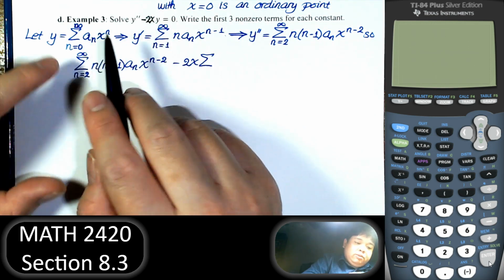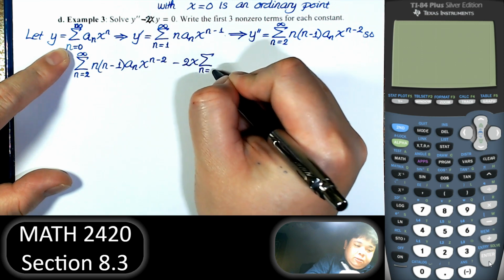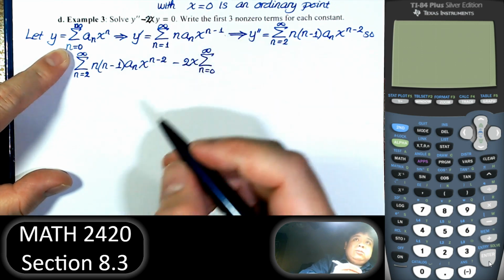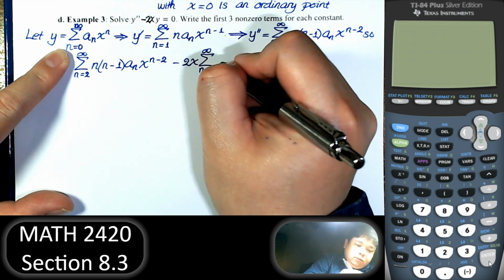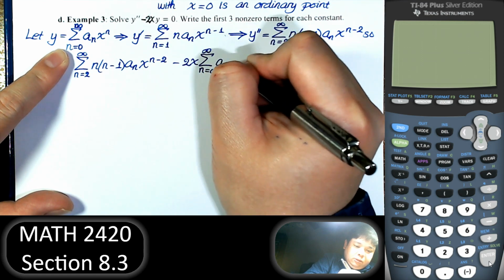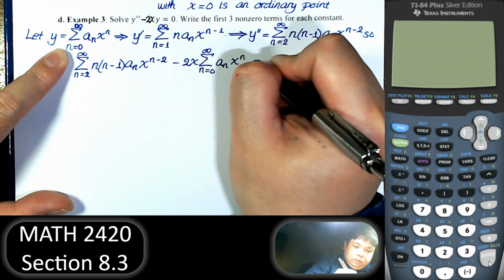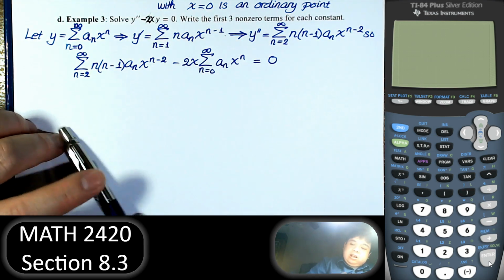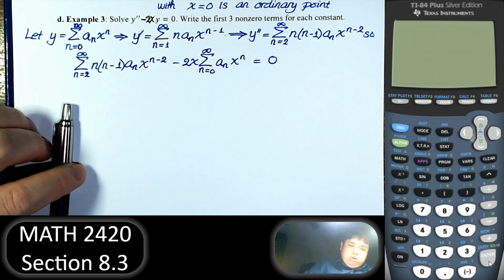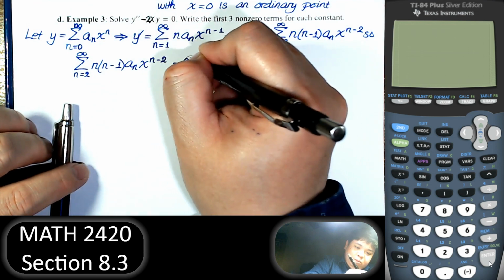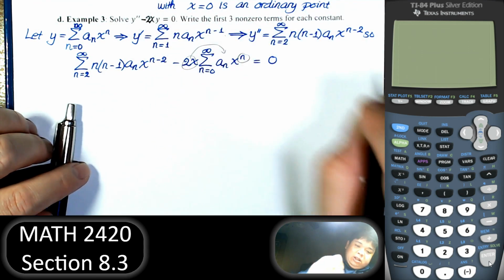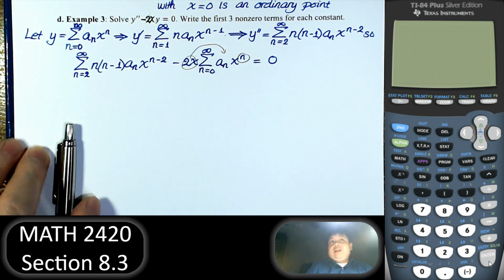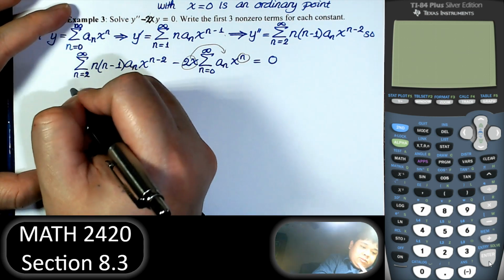times the function. Right, first I multiply the x inside. Actually multiply the 2 also. Multiply that inside, especially the power. x times x to the n is x to the n plus 1.